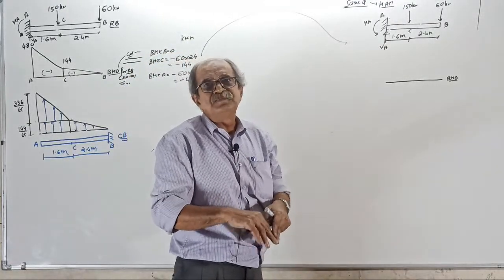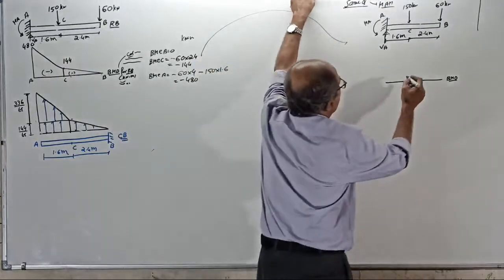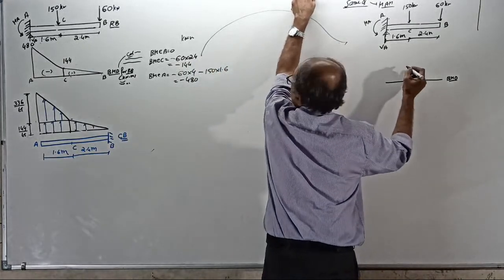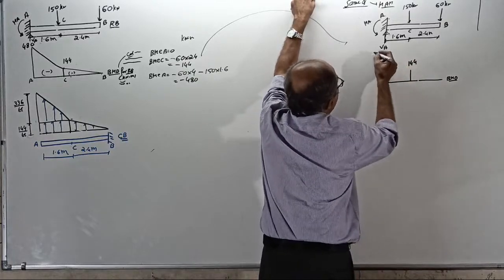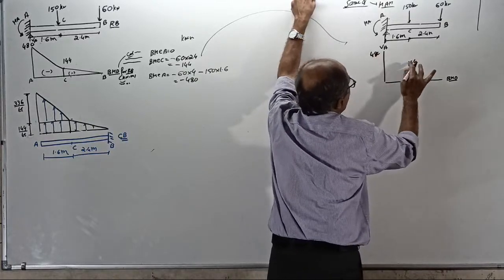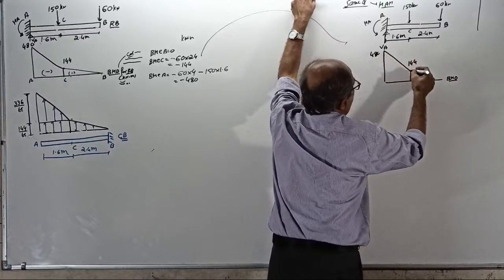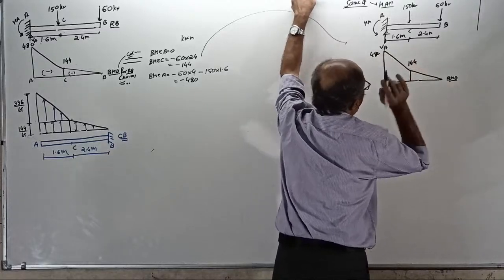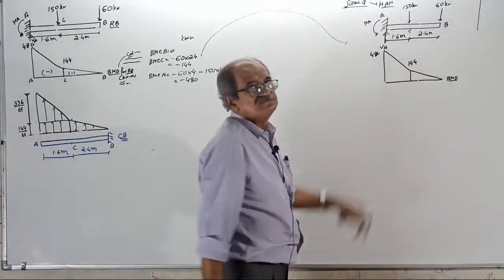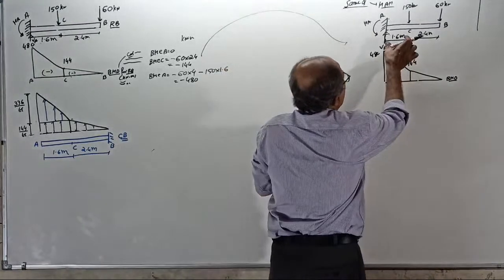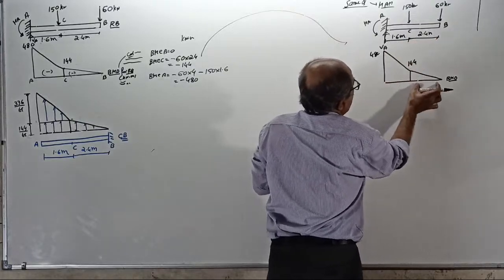No, in these methods write above the line. Here the answer is minus how much? 144. Here it is minus 480, 144. Then linear and linear. Okay, over. But in moment area method, don't write the minus sign. Over. Now, lengths are here only, 1.6, 2.4.